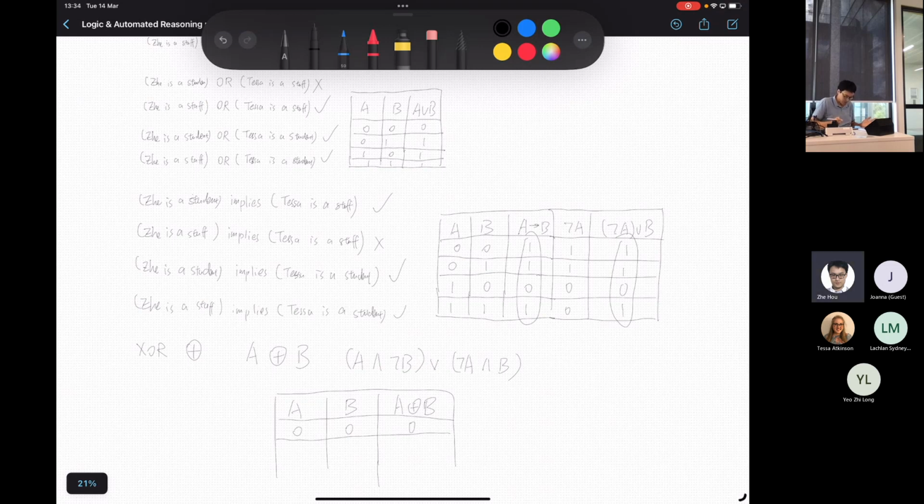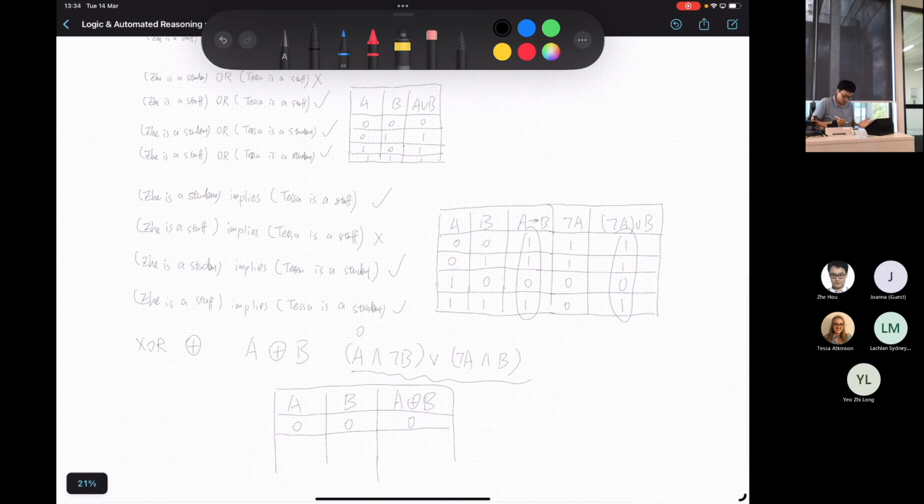So you can compute that from this formula here. If A is false, that's false. False and anything is false. So the left-hand side is false. Okay. And if B is false, false and anything is false. So the right-hand side is false. And for or, if the left-hand side is false and right-hand side is false, you get false. So that's how you can compute it step by step, if you wish.